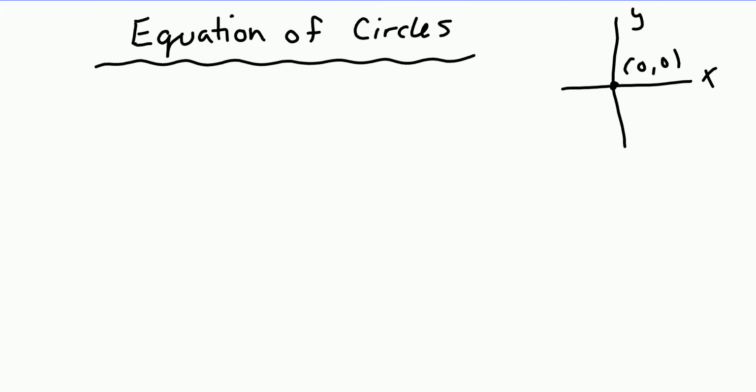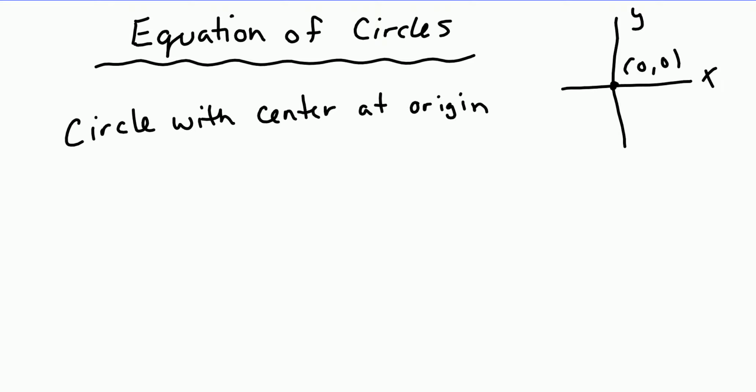Okay, so that circle would look like the equation for that circle would be x squared plus y squared equals r squared, where r is our radius.